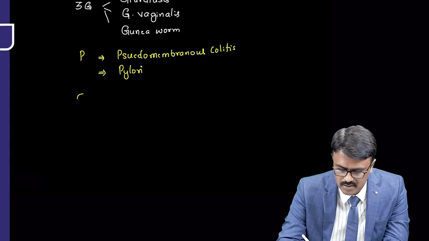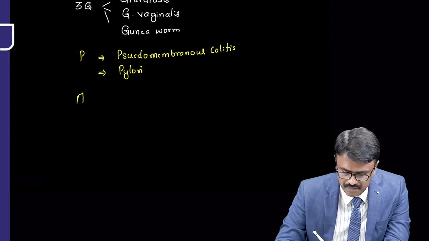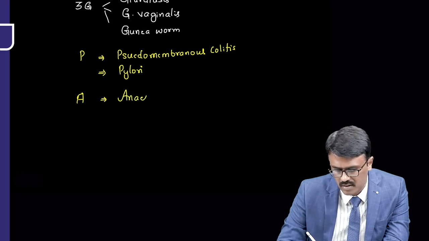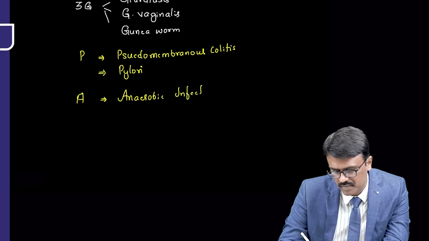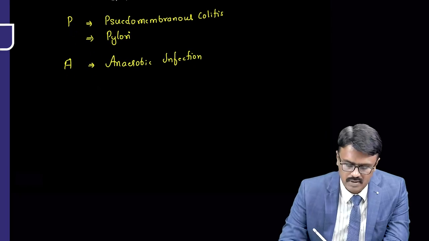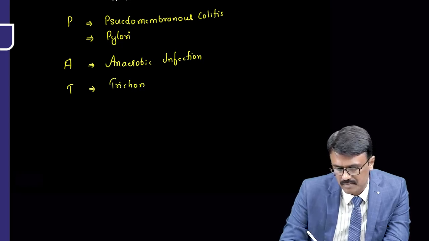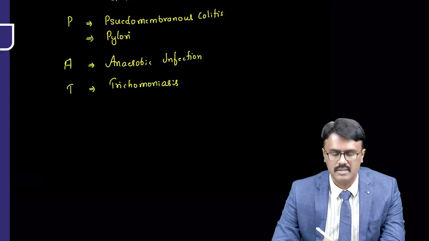The next letter is A: it is used in anaerobic infections. And next one is T: it is used in trichomoniasis.